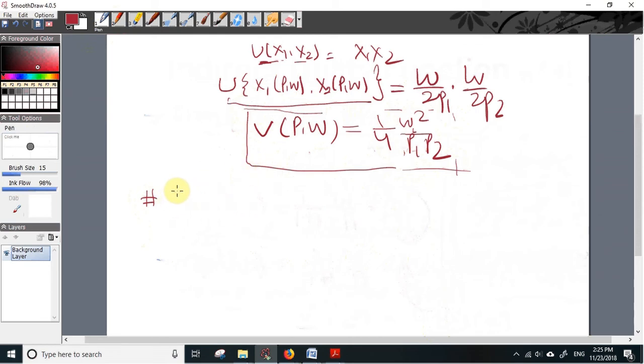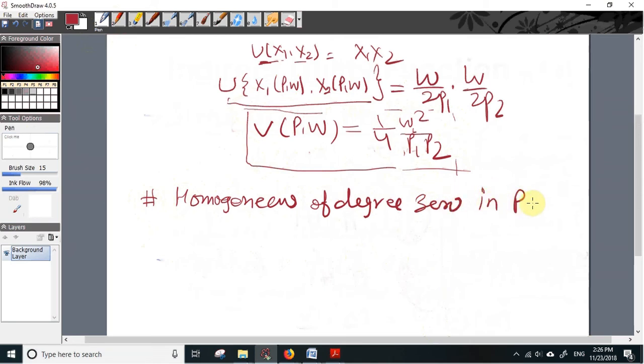The first property of this is that it is homogeneous of degree 0 in prices and income.